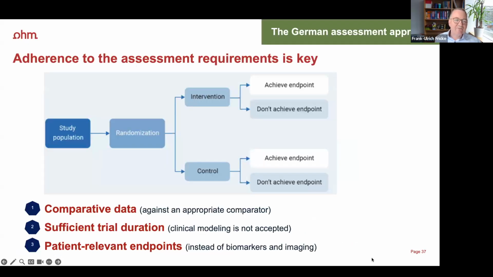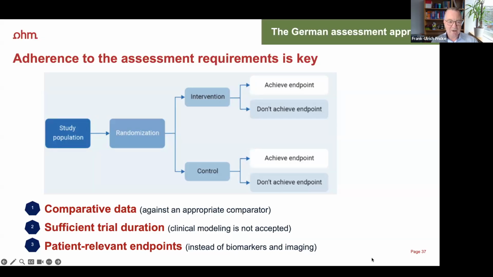Now, the next reminder here is, and I think I can keep that short because you have seen that in previous presentations already. The whole assessment relies on comparative data, sufficient trial duration, and patient-relevant endpoints. And frankly, you need to have it all.